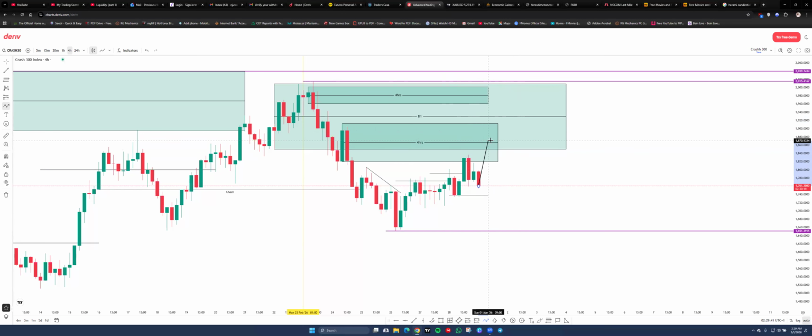Or maybe come in and tap at the middle of this 4 hours order block, then take out from there. So we don't know, we're not sure what the market could do now, but it's always good to wait for confirmations before we enter the market.